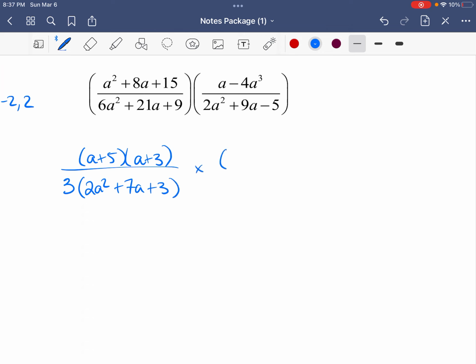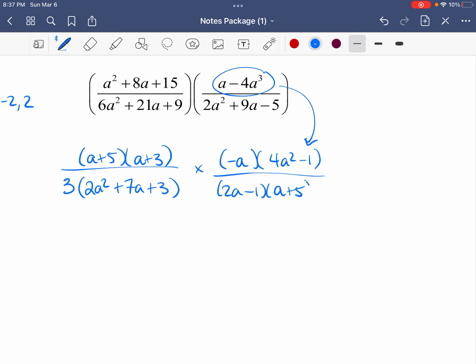And then this numerator is going to be negative a, and 4a squared minus 1. That's a tricky one, okay? Maybe think about, how did I go from there to there? Over top of 2a minus 1, a plus 5. Okay, and then I'm going to factor this one a little bit farther, and this one a little bit farther.